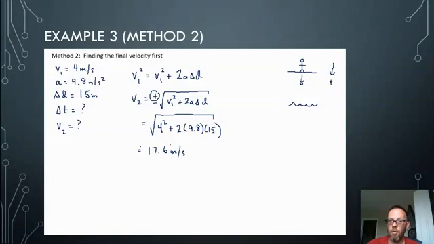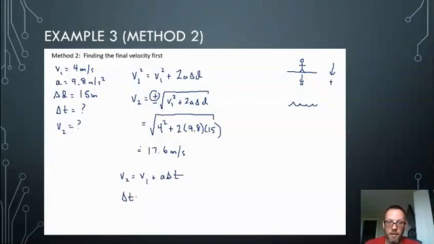Now that we know V2, we actually have a lot of possibilities for finding time. We can use a lot of different equations. And if you didn't want to solve a quadratic equation, you might use this one: V2 equals V1 plus a delta T, because now we know V2, V1, and a.